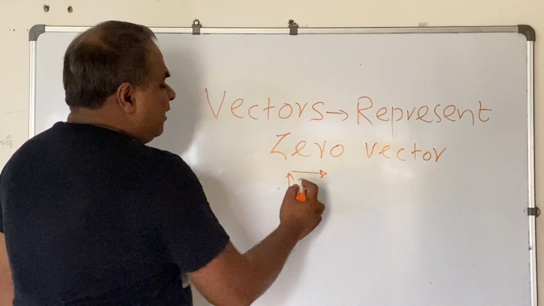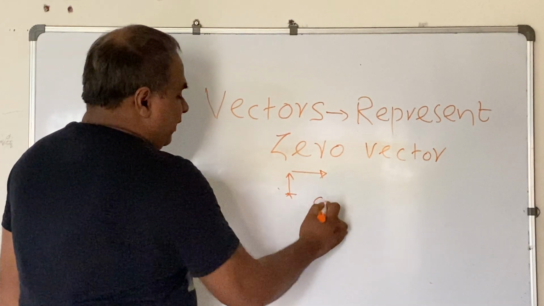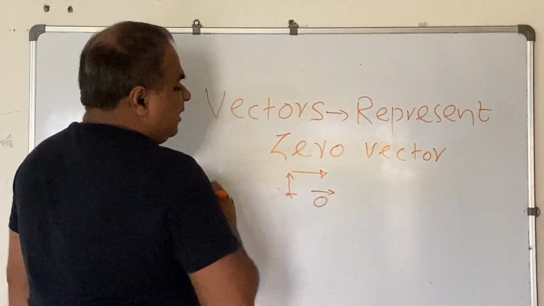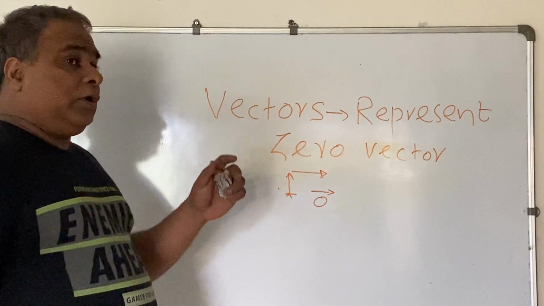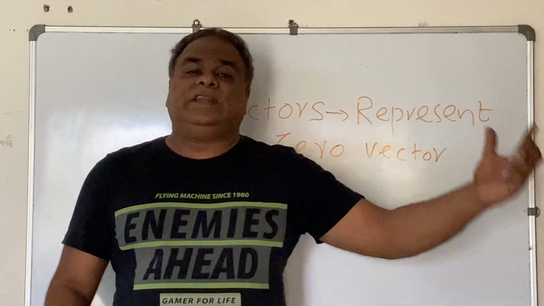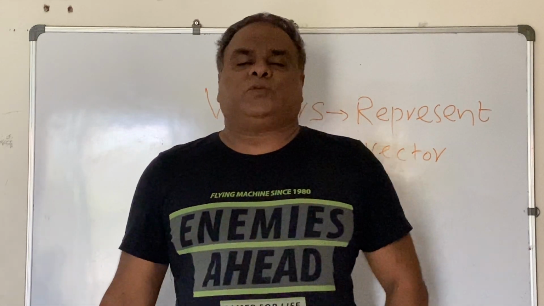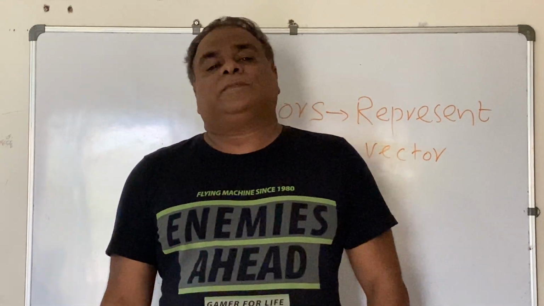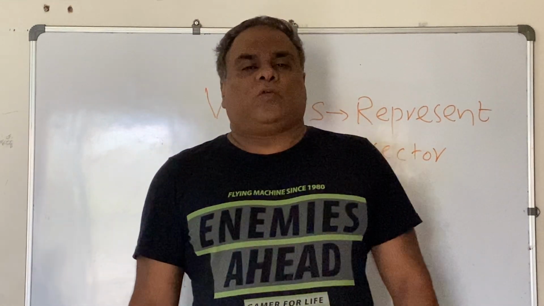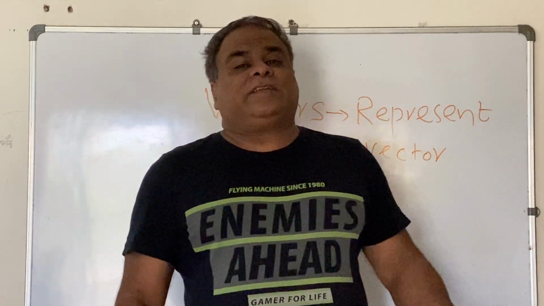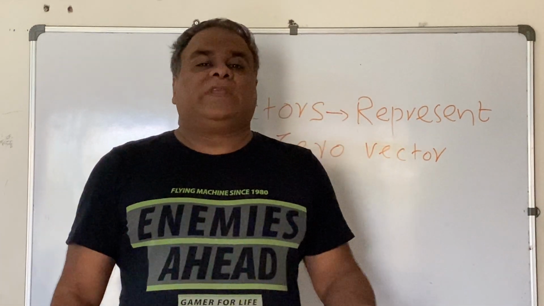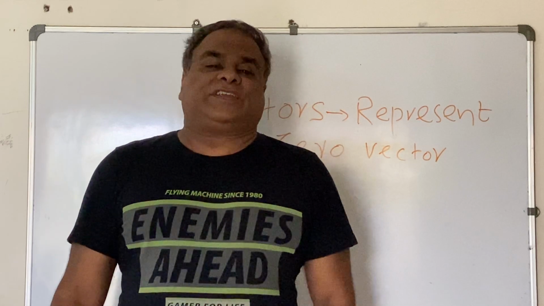Then here we can denote a zero vector with direction like this, because you have a plan to move in that direction. In the present situation, there is no magnitude, and that we call a zero vector. So what is a zero vector? A vector whose magnitude is 0 is known as a zero vector.